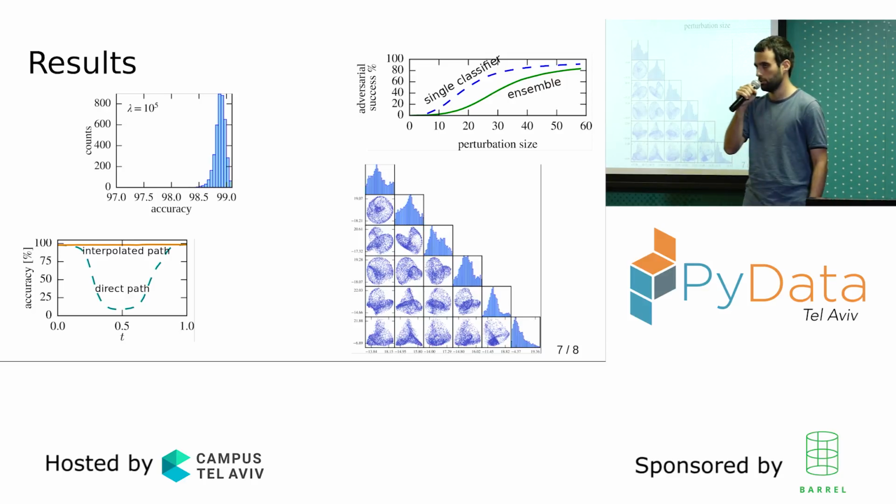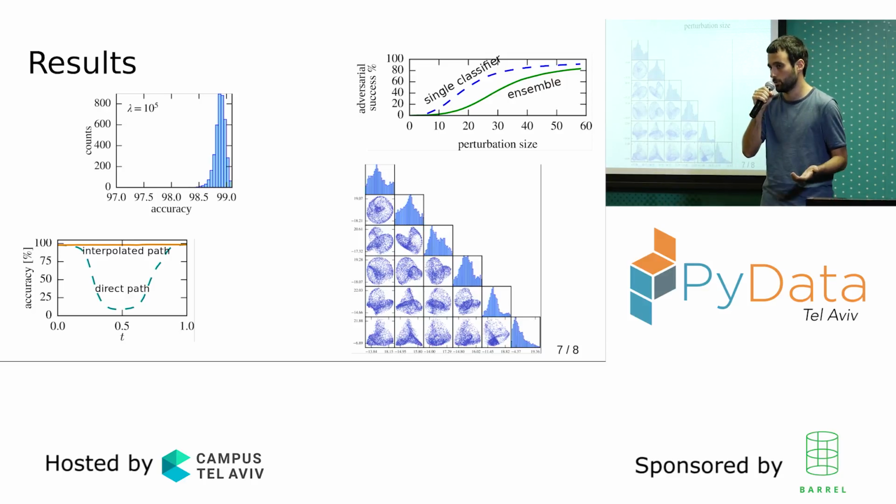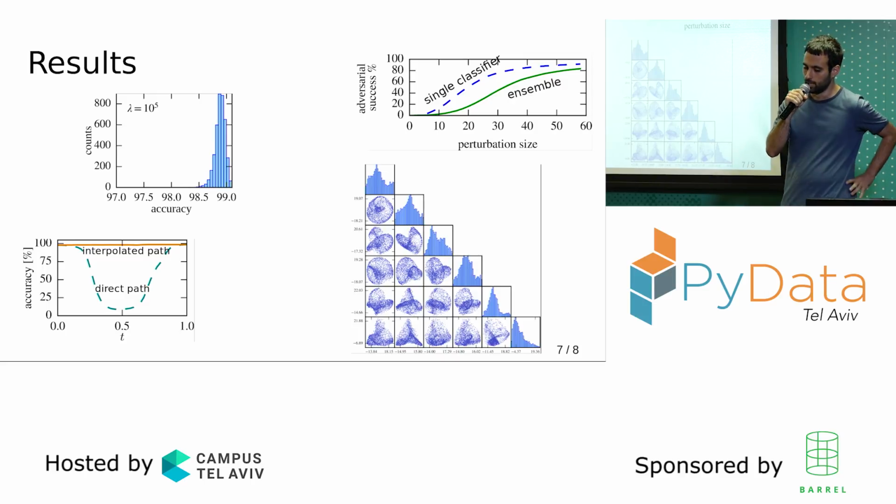But now I need to make sure that I also have diversity. In other words, I need to make sure that these weight vectors are different from each other, and they're not actually all the same weight vector. It's not as straightforward to measure diversity, but there are a few ways. The first thing we could do is form an ensemble.